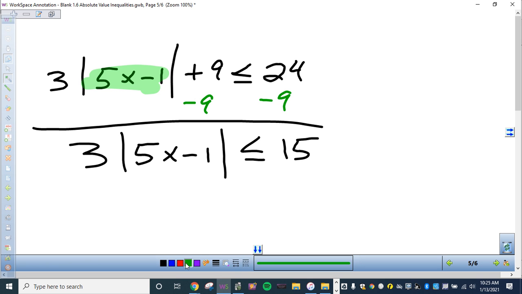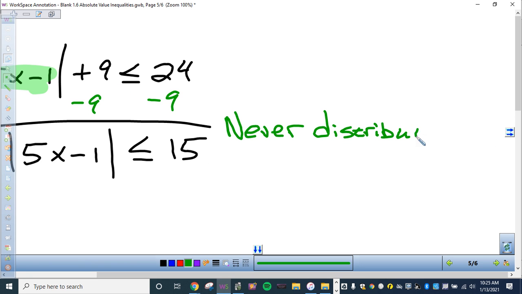Helpful hint, we said it before, here it is again: never distribute into the absolute value.